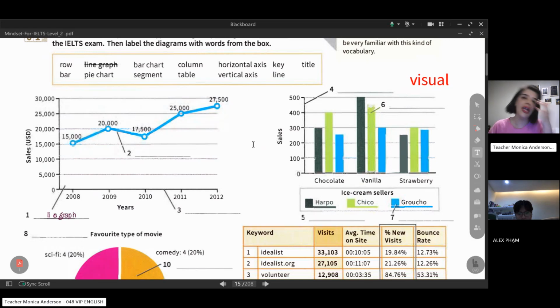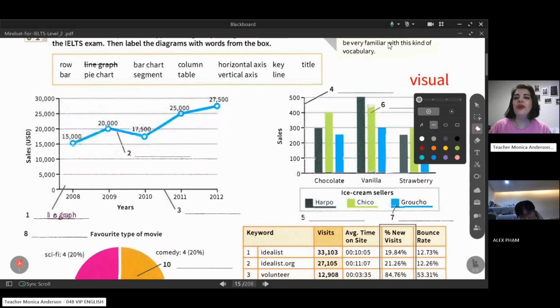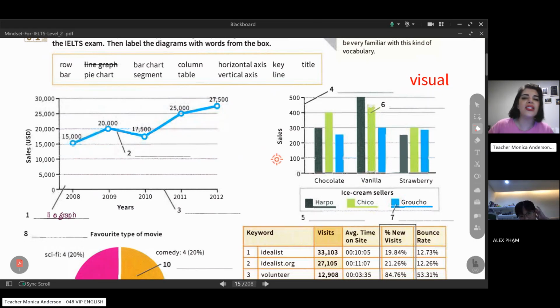And number 3: we have vertical and horizontal.